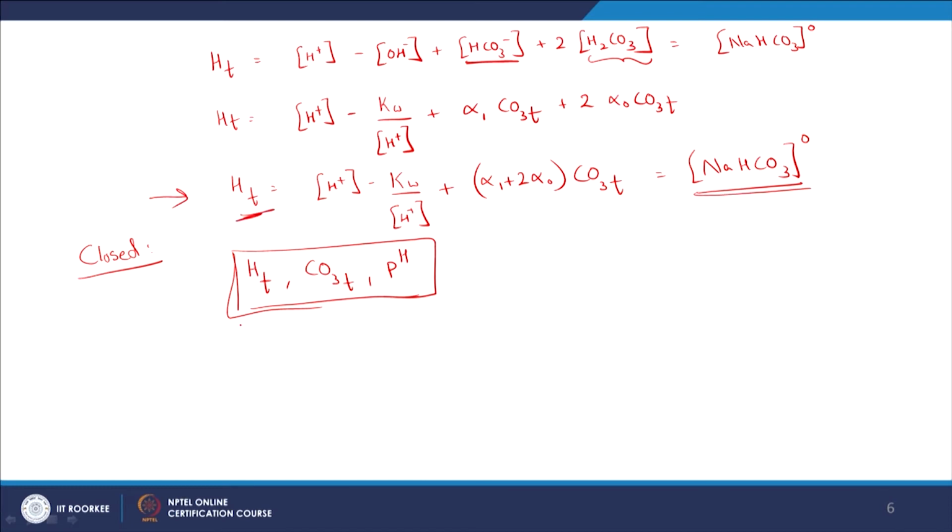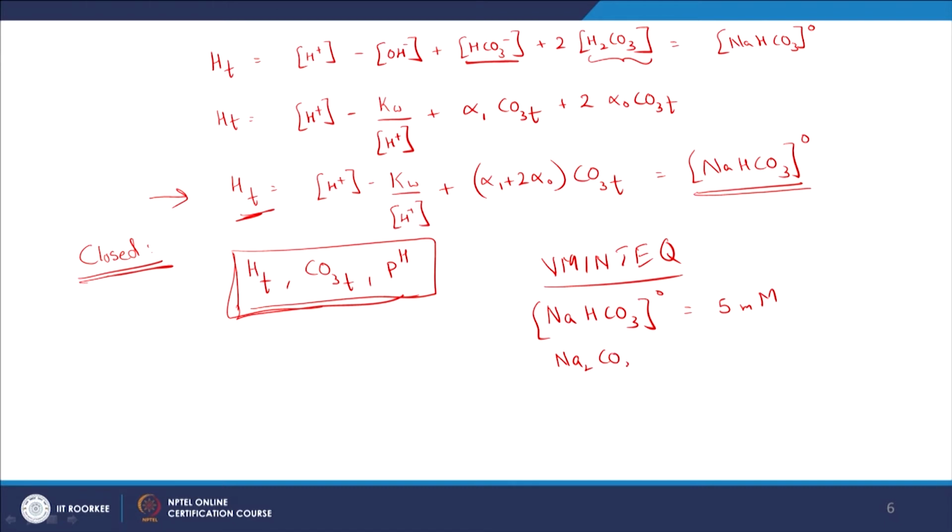So we just looked at how to analyze the closed system by hand, and now we are going to move on to analyzing the system using our software, VMINTEQ. For this, let us look at the particular values for our recipe species. Let us take NaHCO3 naught equal to 5 millimolar, and for the sake of ease let us also take Na2CO3 naught to be 5 millimolar.